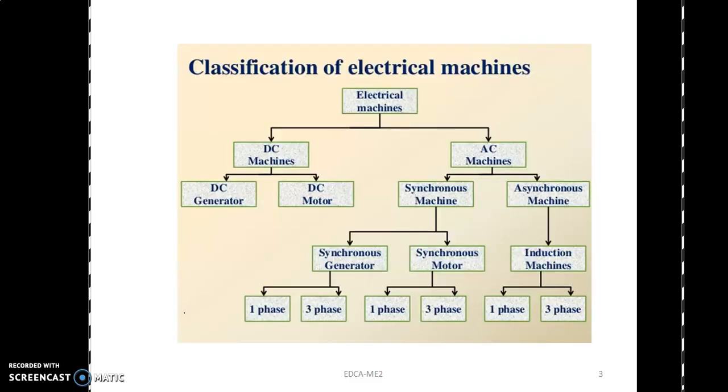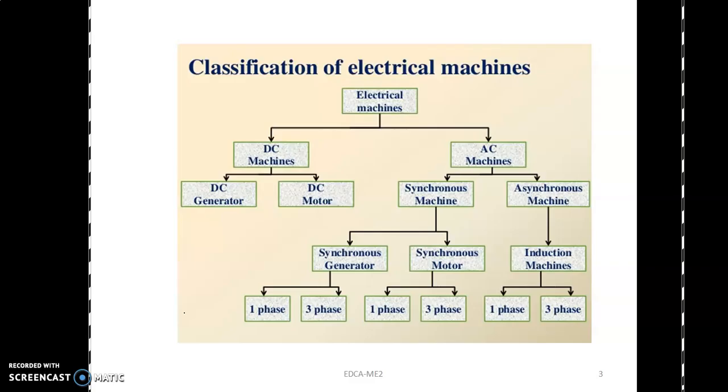This is the broad classification of electrical machines. Electrical machines are broadly classified into DC machines and AC machines. DC machines are direct current machines. AC machines are alternating current machines. You know the difference between AC and DC.